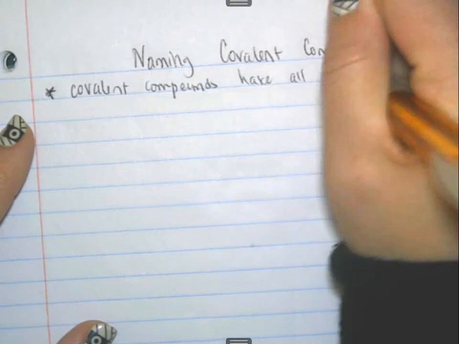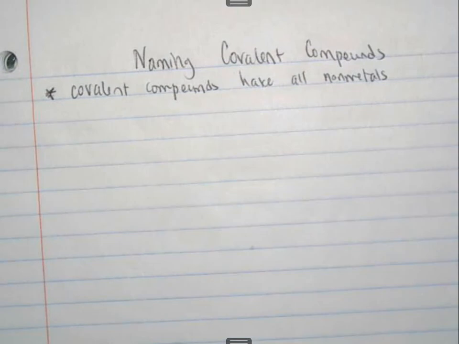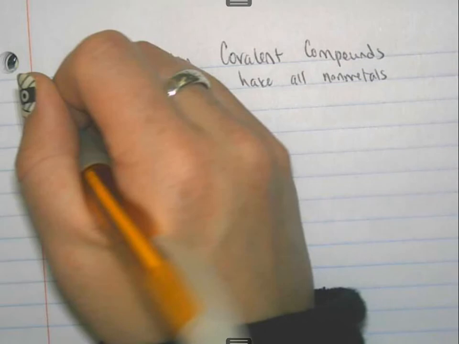That's how I know I'm going to use this set of rules, because there's nothing but nonmetals present. We use prefixes to do this.